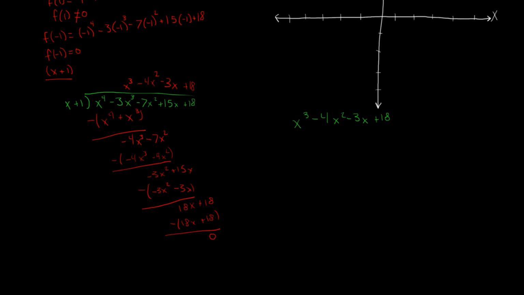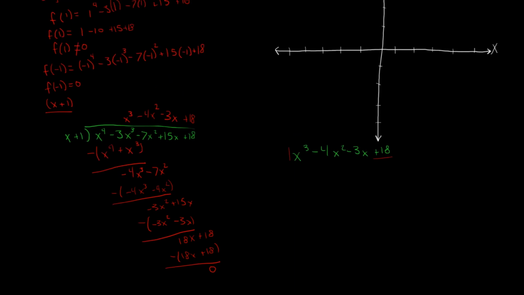Well, you could divide x plus 1 into that again and get another quotient, except then you wouldn't be getting every single factor. So what we want to do is actually find another factor of this. We're going to basically start the entire process of factoring this all over again. So we know that this has a coefficient of 1, and it's going to be a factor of 18, and I've already written the factors all the way up here.